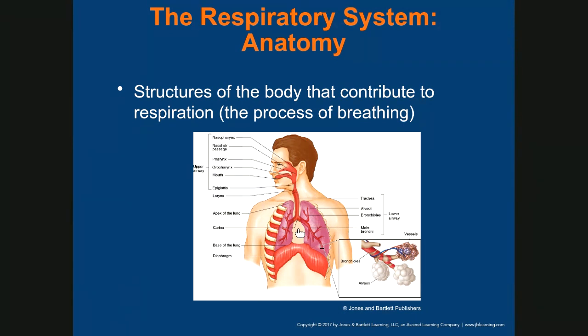Now, in order for that air to move through the lower airway passage and get to where it needs to be, ventilation must occur, oxygenation must occur, respiration must occur.